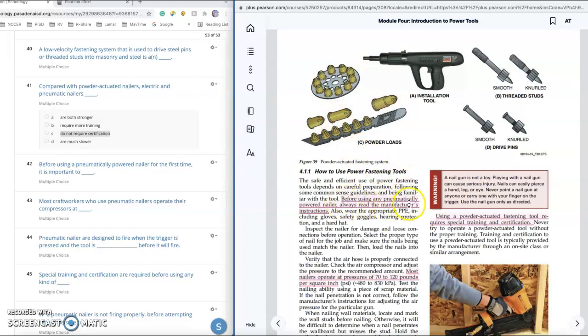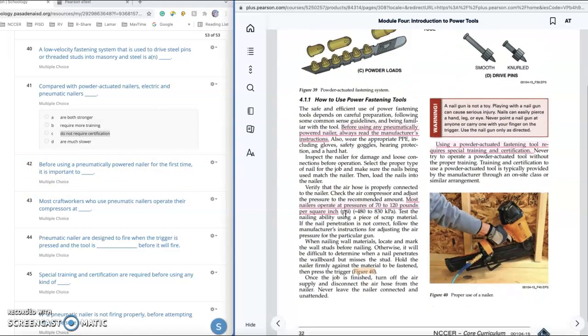Before using any pneumatically powered nailer, always read the manufacturer's instructions. Before using a pneumatically powered nailer for the first time, it's important to do what? Always read the instructions.